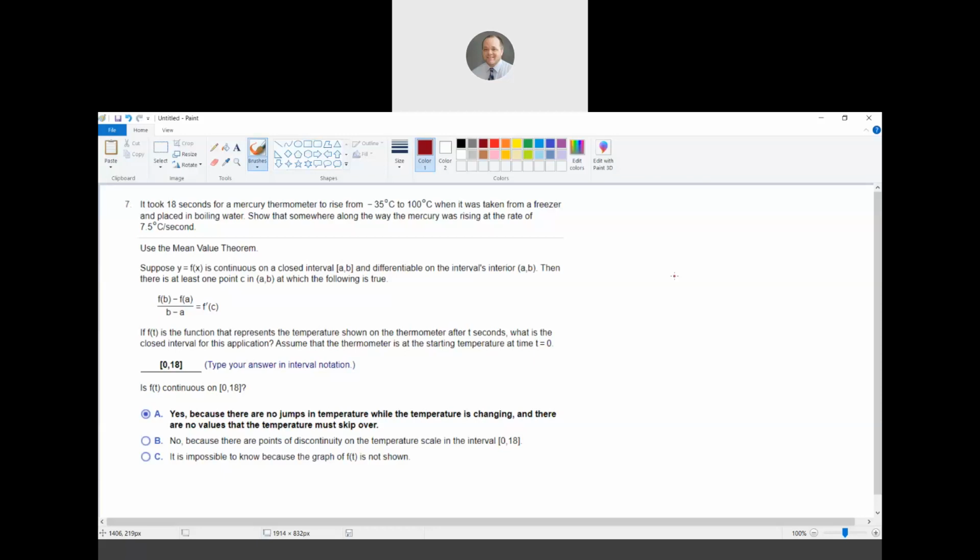So we're assuming that's at an initial time of 0, as stated right here, as a matter of fact. So our closed interval is going from 0 to 18.